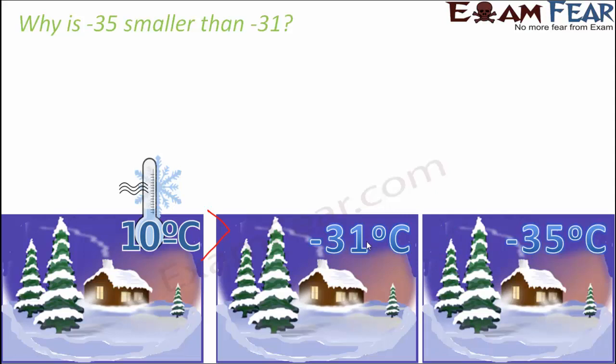So you see, as the temperature is dropping, your value is increasing, because minus 31 is more than minus 35. Minus 35 is more than minus 50, because your value is increasing, but it is carrying a negative sign. That means the environment is becoming colder and colder. So this shows that minus 31 is greater than minus 35.